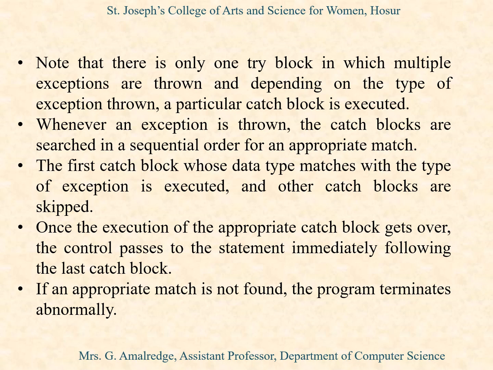Once the catch block whose data type matches the type of the exception is executed, the other catch blocks are skipped. Once the execution of the appropriate catch block is over, the control passes to the statement immediately following the last catch block. If an appropriate match is not found, the program terminates abnormally.